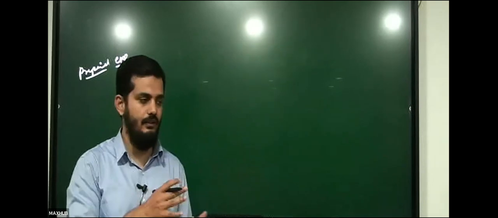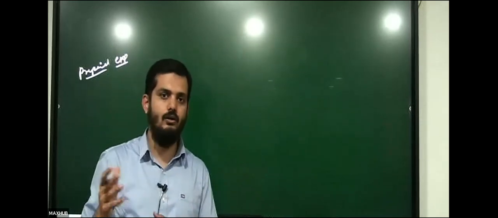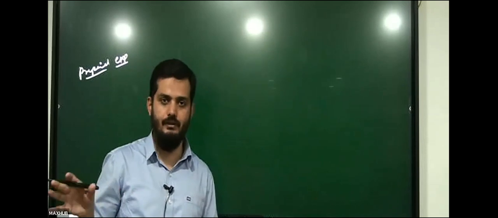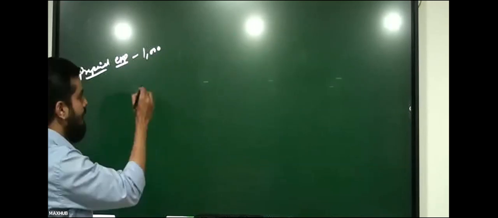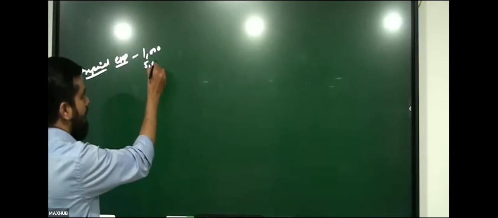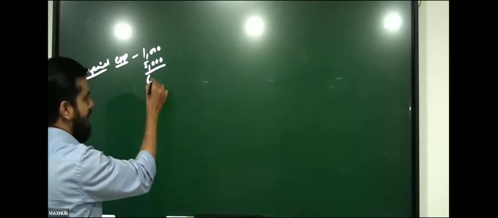What is prepaid expense? Expenses which are paid in advance. For example, I have to pay rent, and because I got some cash, I wanted to make some payment in advance. My monthly rent is 1,000, but I got some money from outside, so I made the payment for another 5 months also. So 5 plus 1, I have made a total payment of 6,000 today itself.